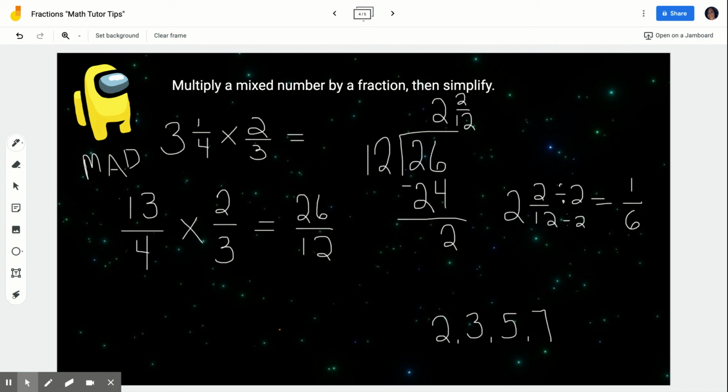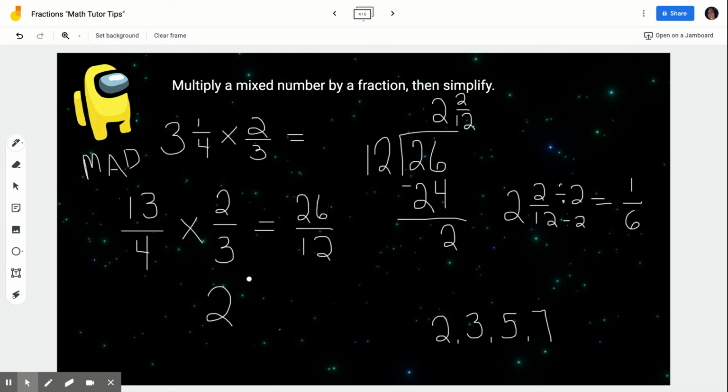Now be careful. A mistake that I've been seeing a lot lately is stopping at this simplified fraction, but this whole number did not go anywhere. We've got to keep that whole number. So I'm going to go over here and rewrite and make sure that I bring all of this over. The whole number stays the same. We don't simplify that any.